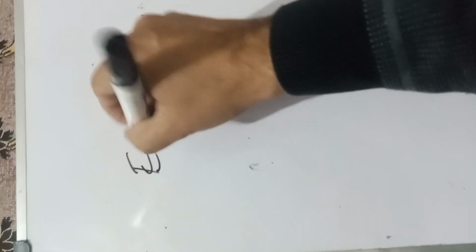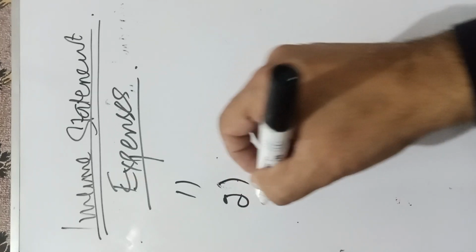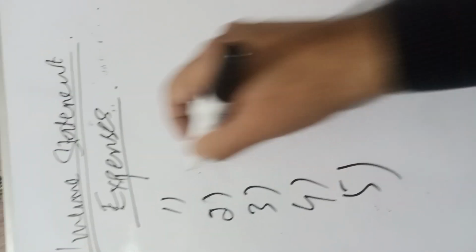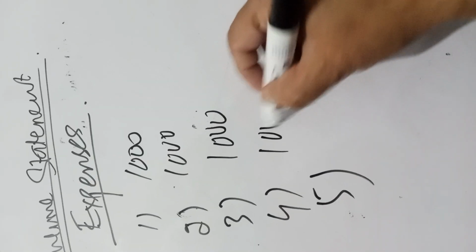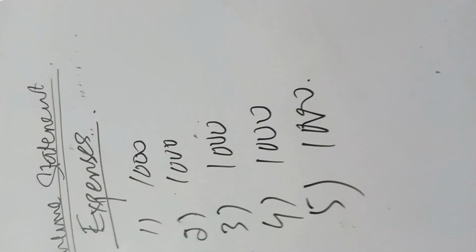Next, sometimes the examiner asks you the effect of depreciation. Depreciation is an expense and you charge the expense in the income statement. In the income statement, in the first year, second year, third year, fourth year, and fifth year, you will charge 1000, 1000, 1000, 1000, 1000.